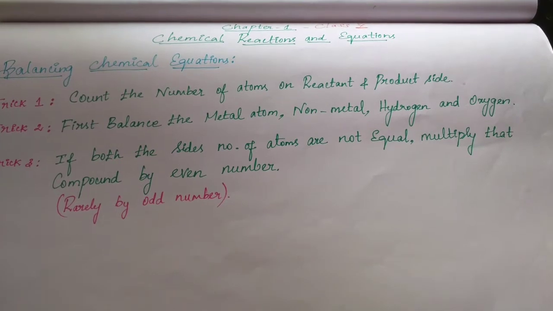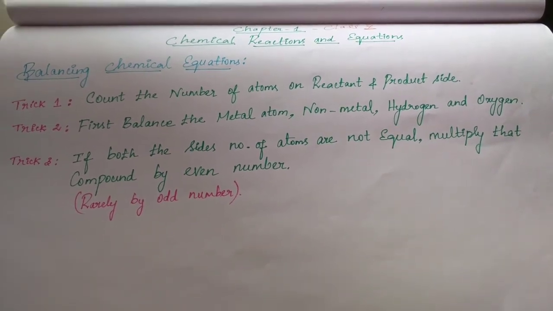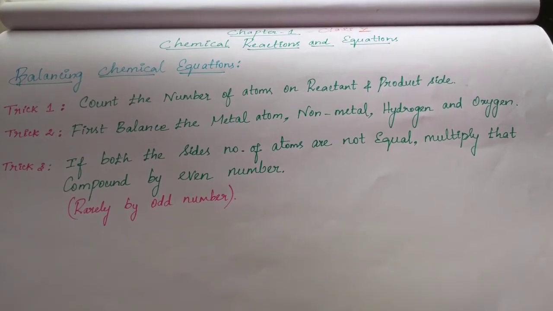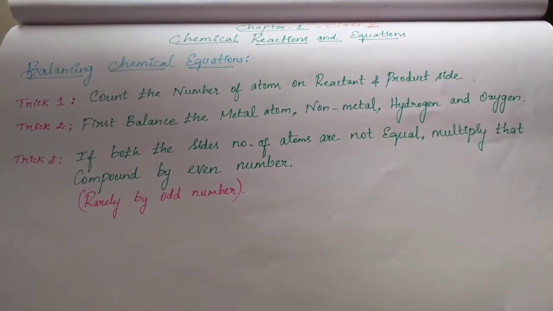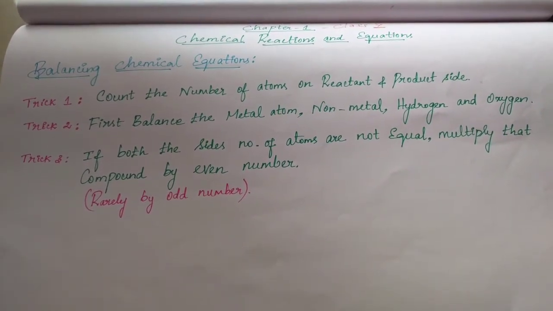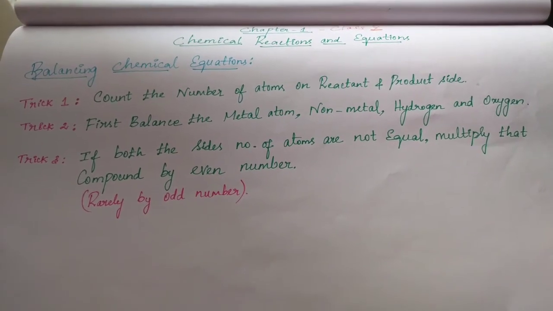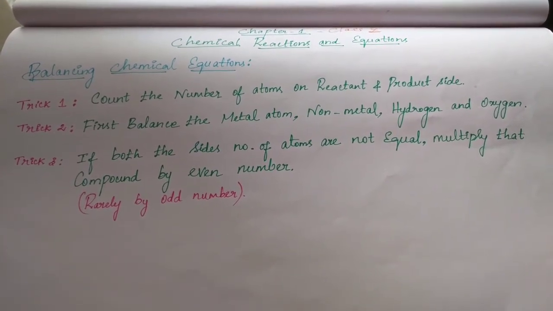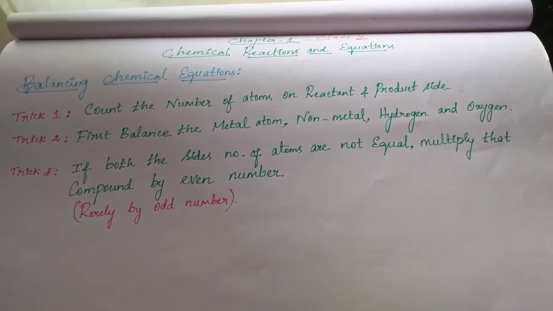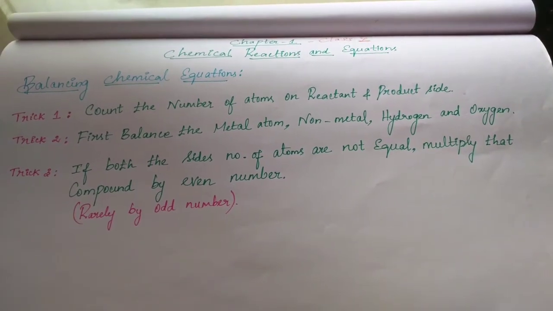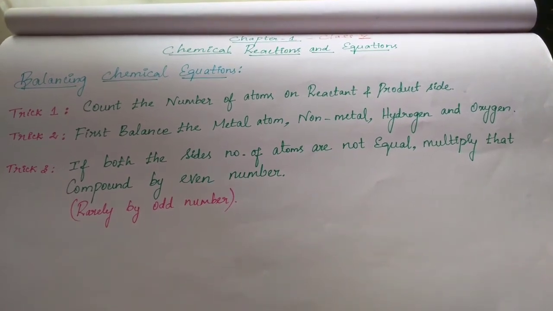Second trick, for the given equation you have to balance first the metal atom, then non-metal, then hydrogen and oxygen. You have to balance the hydrogen and oxygen always finally. If you balance it first, metal atom or non-metal will not be balanced. This is the order students.